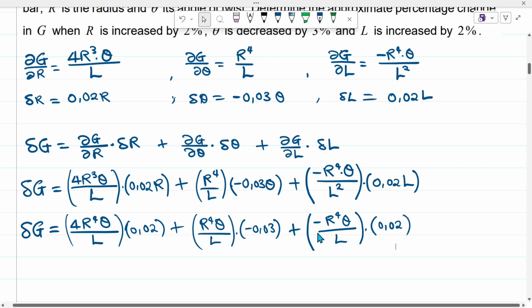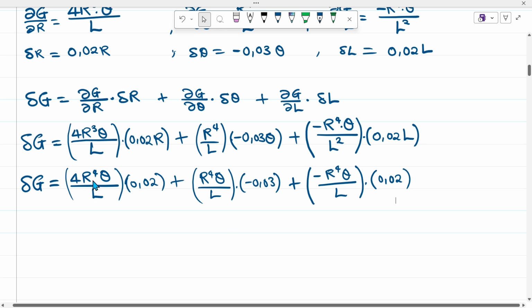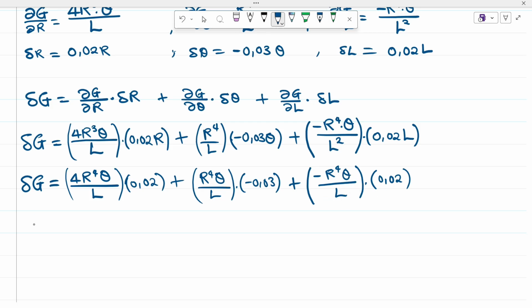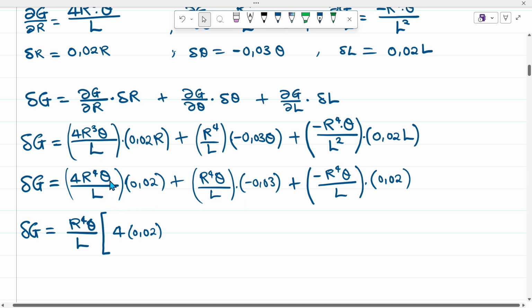So you can see that we have R to the power 4 theta over L in every term. So we can take it out as a common factor. That means our percentage change in G is now going to be R to the power of 4 theta divided by L multiplied by what? Multiplied by 4 into 0.02. After we have taken out R to the power 4 theta divided by L, we will be left with 4 times that.